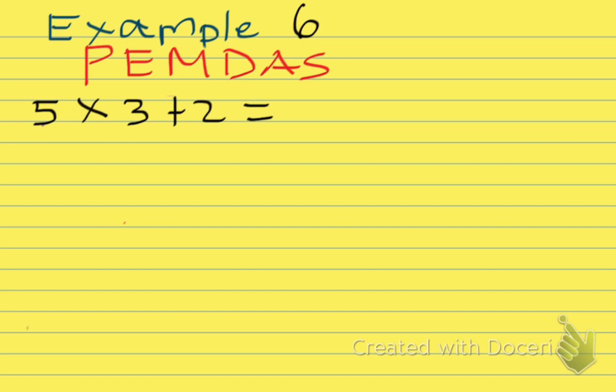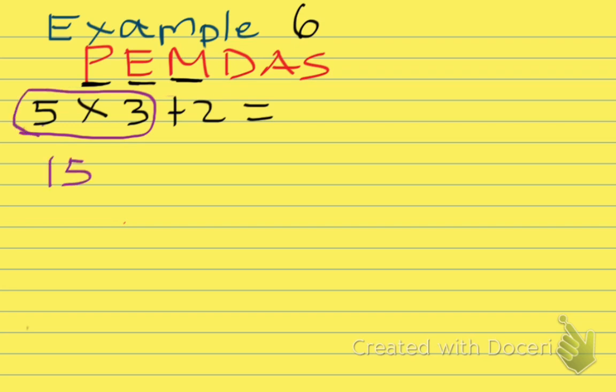Now, I always write down PEMDAS, our acronym, and we're solving our problem from left to right. So we're looking at if we have parentheses, exponents, multiplication, division, addition, or subtraction. So in this problem, do we have parentheses? No, we don't. Do we have exponents?